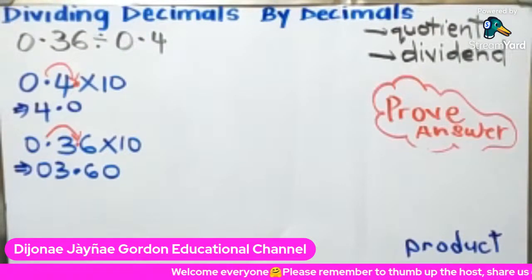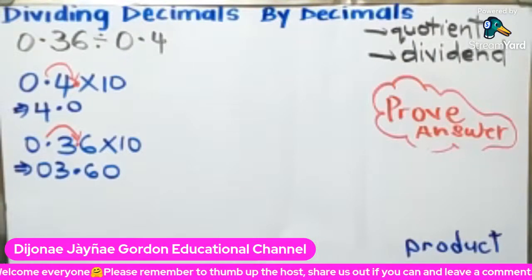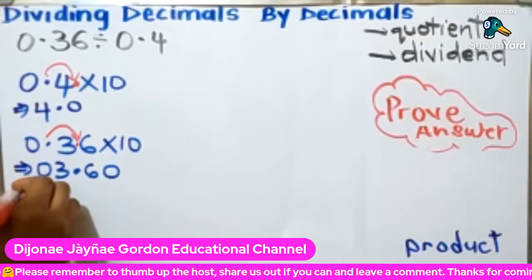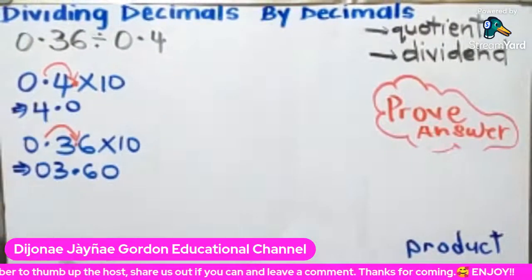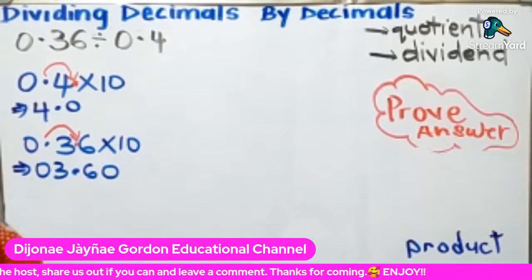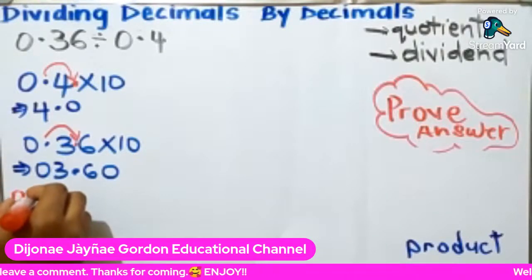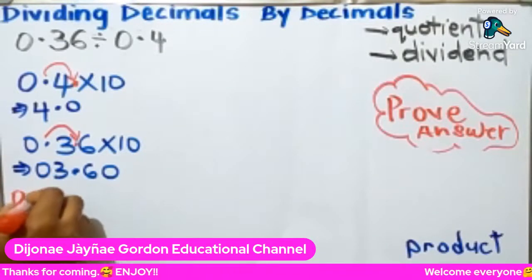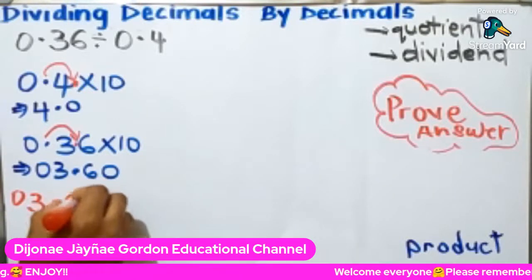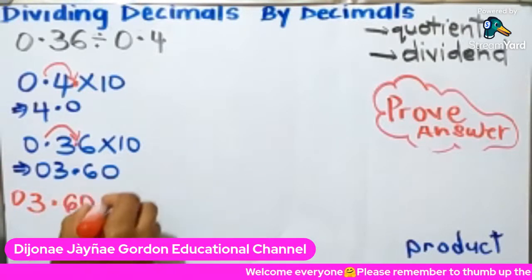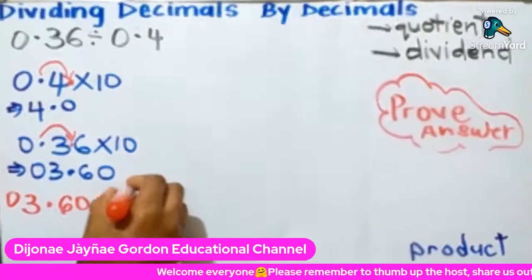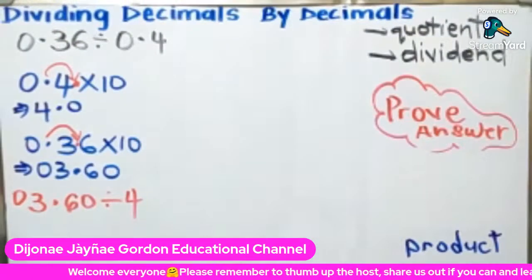If you do the long multiplication, you would see the same thing. All right. So let me just write the problem over after doing all of this working for you to see what it is that we have working with. So of course, our dividend is now going to be 3.60. And of course, we're dividing by 4. So that's what we have working with.